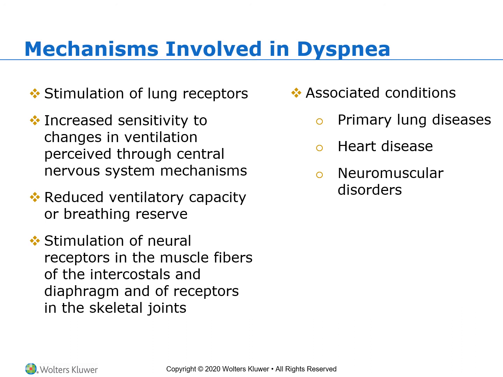And so what happens at the end is that once all those discrepancies are felt by our brain, then receptors transmit signals that bring about the awareness that we are having breathing difficulty.